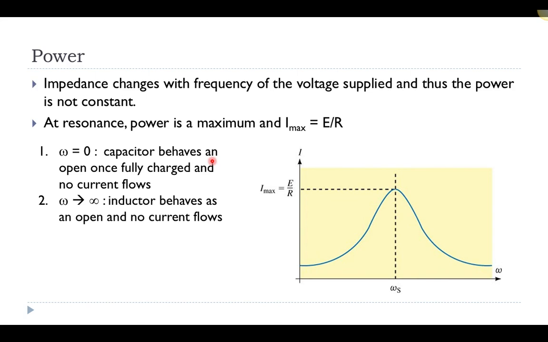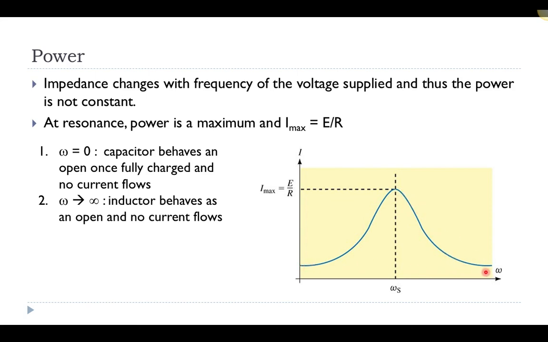As the angular frequency goes to 0, you're not getting any sort of fluctuation anymore in the circuit, and so that means that the capacitor is behaving as an open circuit because it's fully charged, and capacitors behave as open circuits when they're fully charged. And so this part of the circuit over here, you're reaching a point where the current is steadying out at that point in the circuit.